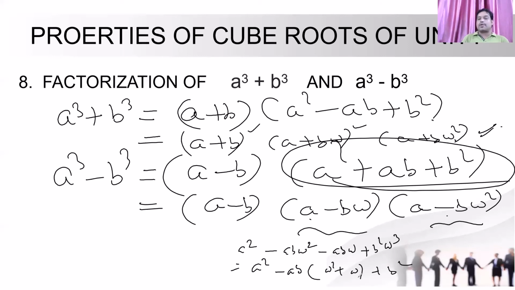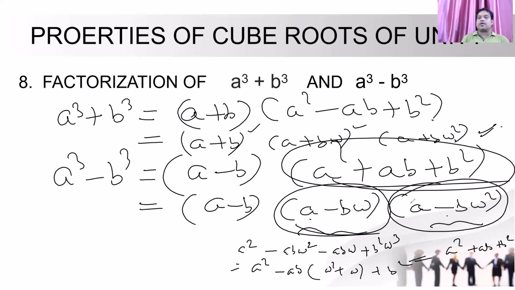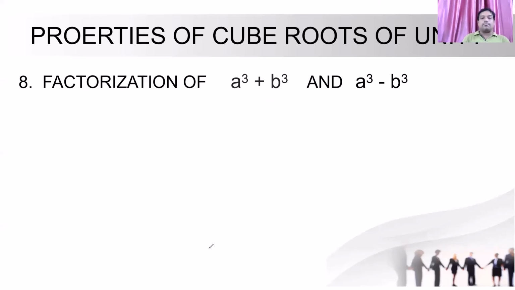So omega square plus omega is minus 1. So finally this answer will be a square plus ab plus b square, after multiplying a minus b omega and a minus b omega square. So now this topic also completed. Here you have to remember the a cube plus b cube formula and the a cube minus b cube formula.